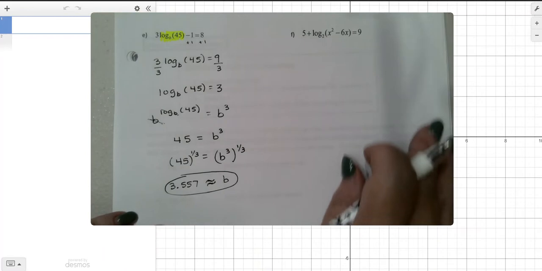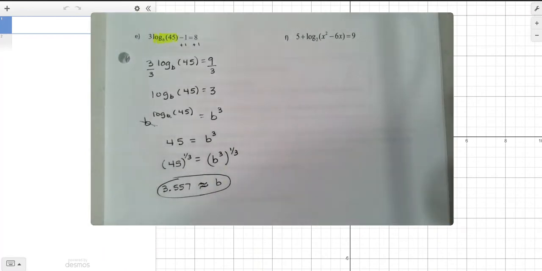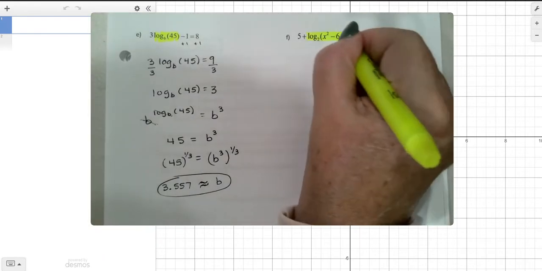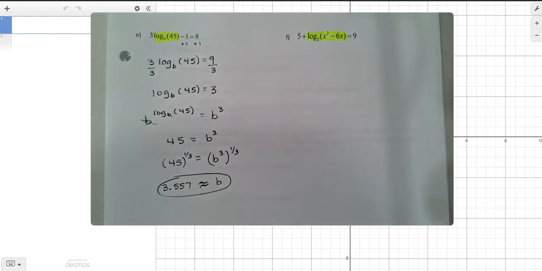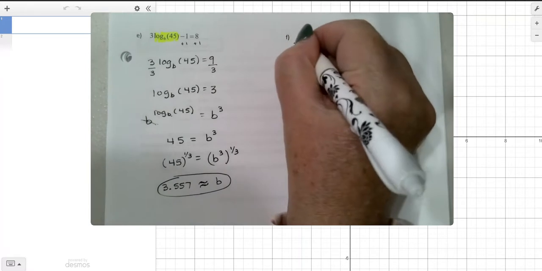All right, F. Let's see. The log term is this whole thing, right? Log base 2 of x squared minus 6x. So to isolate that, I would have to subtract the 5.